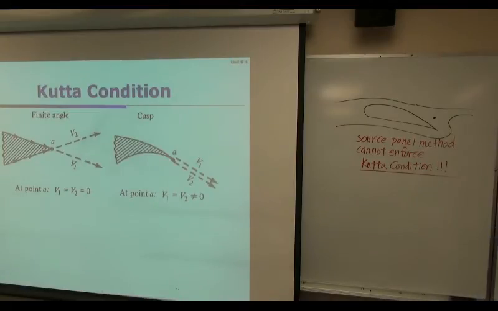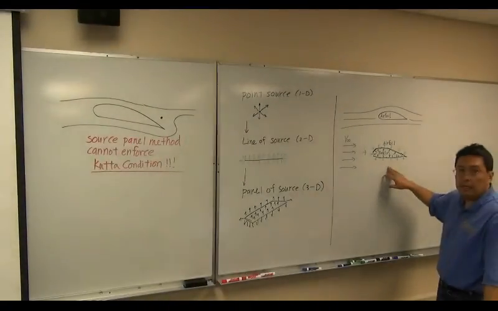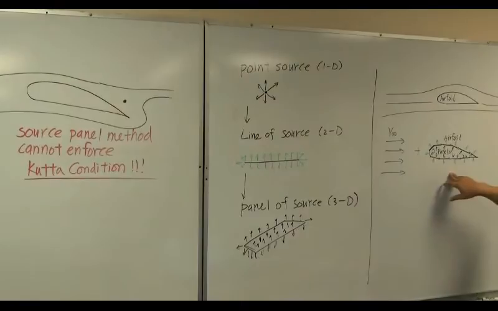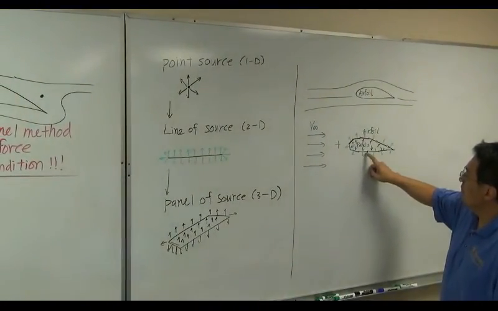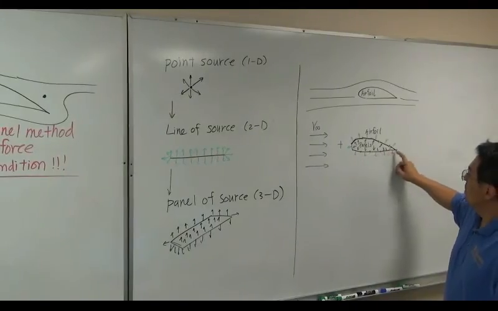The reason here is, let's go back to this picture. The reason is the only thing you can adjust in panel method is the magnitude of each panel's velocity.